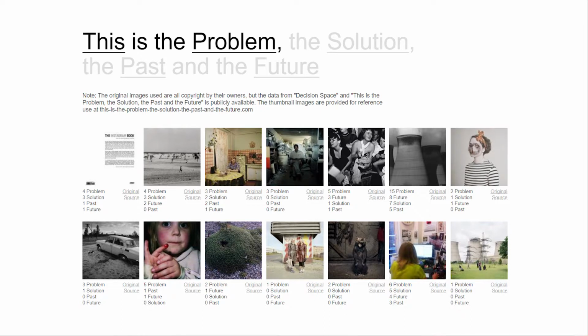For the problem category, some people put children or nuclear power stations.